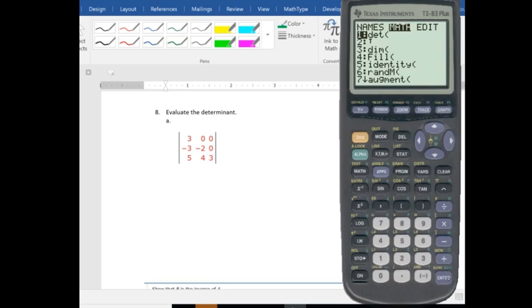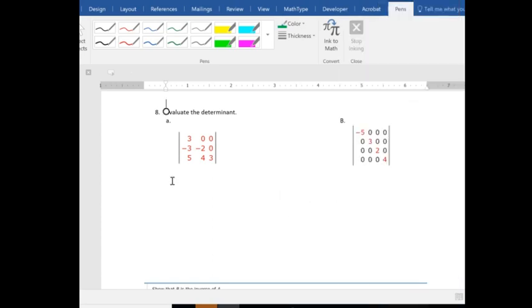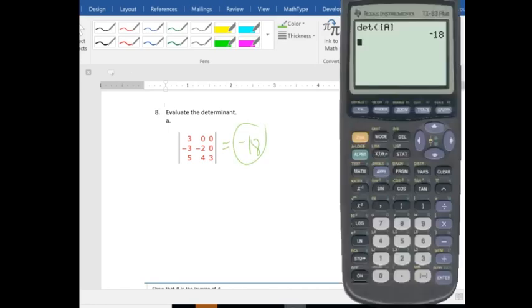Press math. First one, negative 18. So my determinant, negative 18.